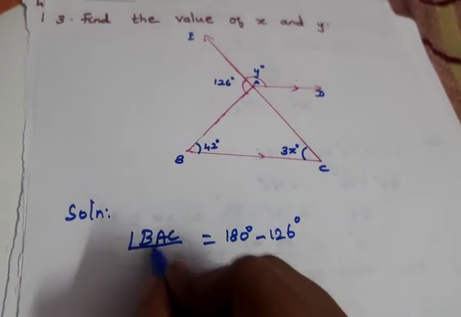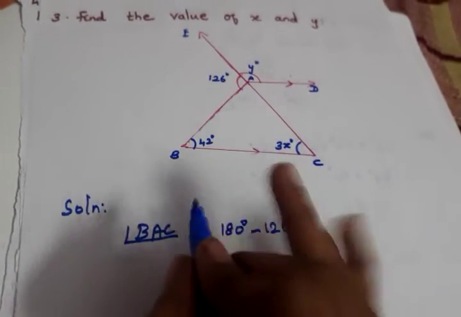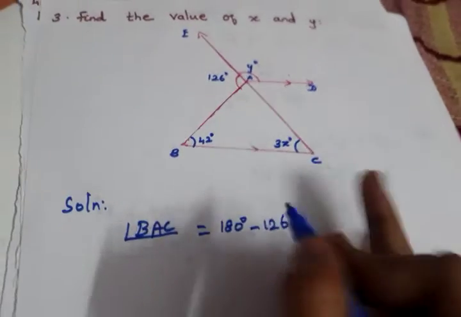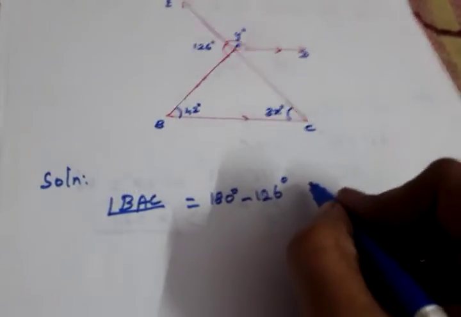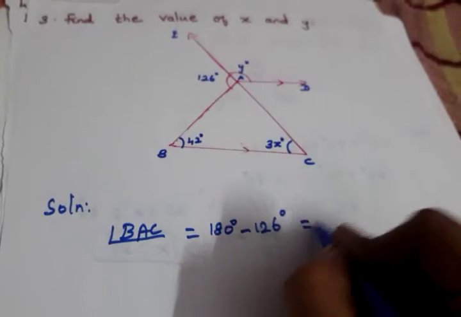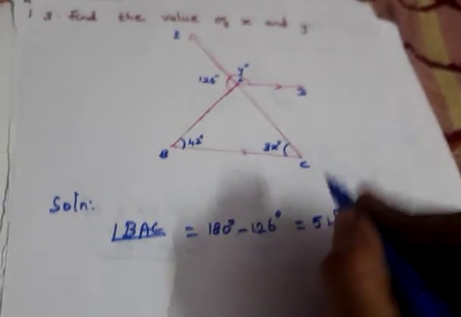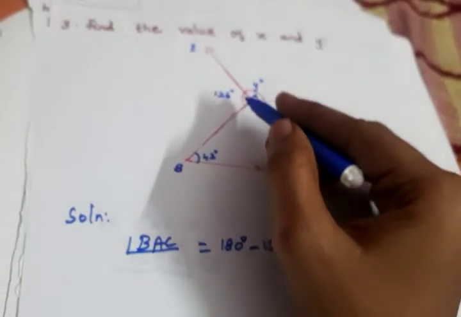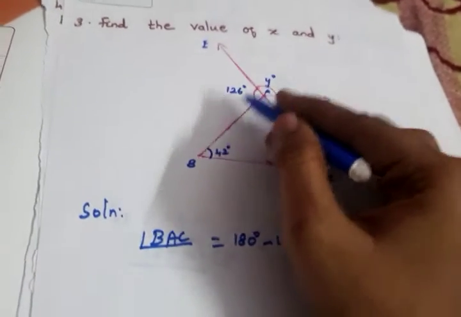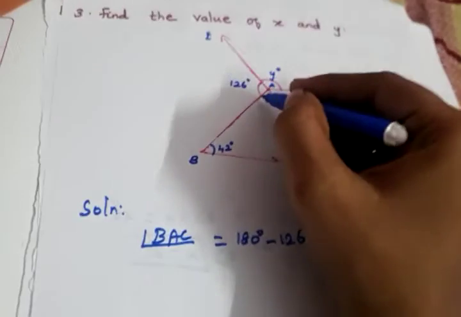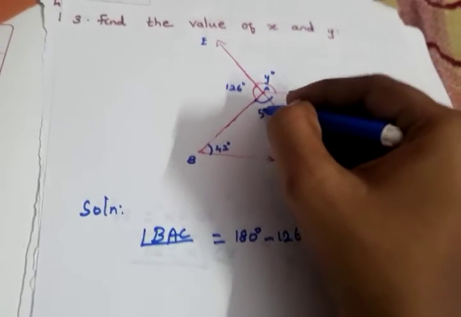First we find the value of A. Already we found the values of B and C, isn't it? So angle A equals 54 degrees. Then next, the sum of all the angles. So now we have A: this angle is 54 degrees.